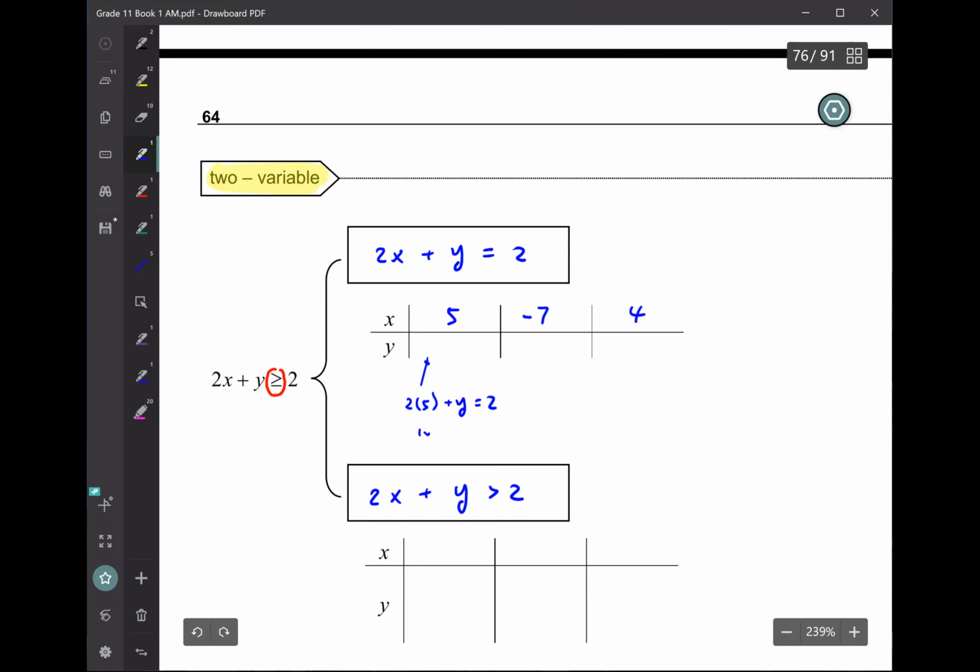So that will be 10 plus y equal to 2. Move the 10 over, it will be negative 8. Okay, still fits, not too big. All right, so please finish the table and raise your hand. Find the y value for the other 2 x values.